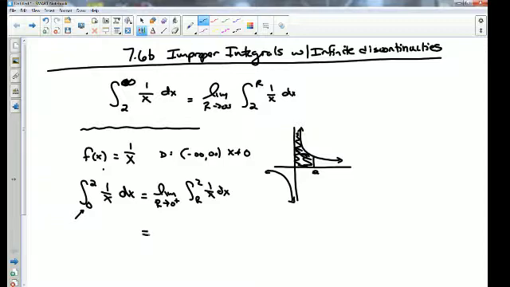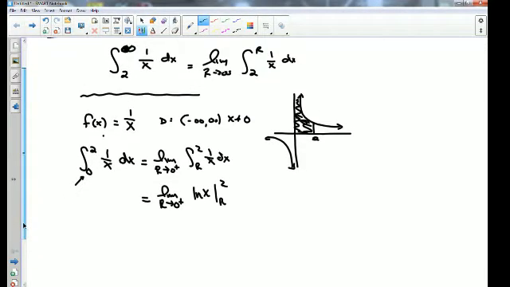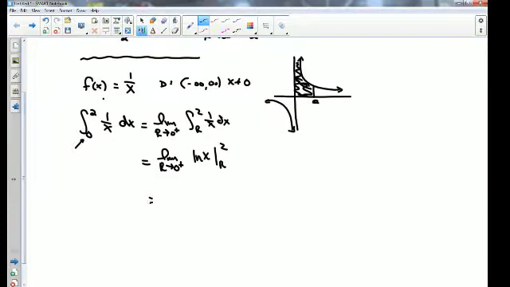Okay, then we can just execute. Antiderivative of 1 over x. We don't have to have that on there, but it's good practice probably to.